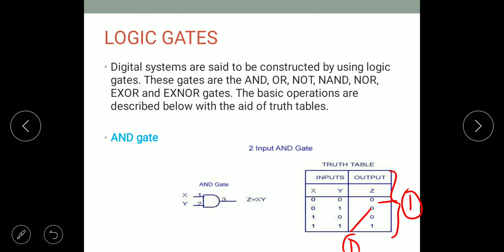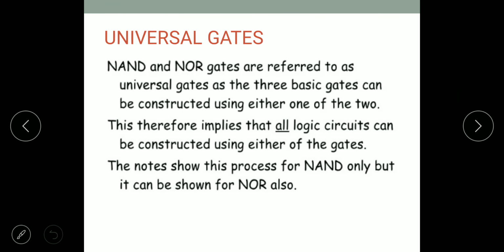The second input, 1 0, gives output 1 for the NAND gate. The third input, also 1 0, gives output 1. And the last one is 1 1, which is not AND, so it shows 0 output. It is nothing but the inversion of the AND output.